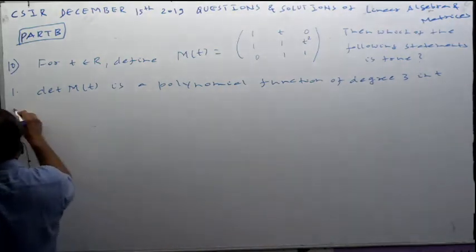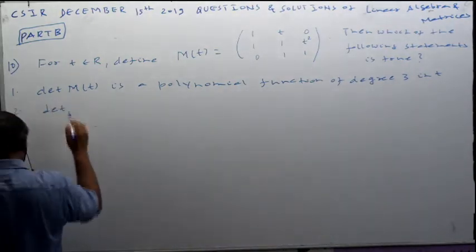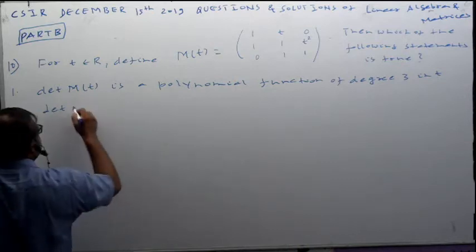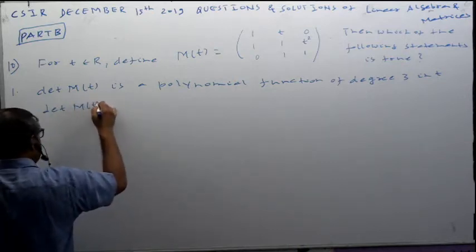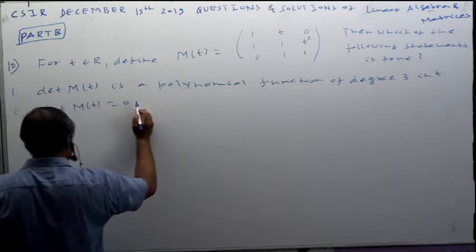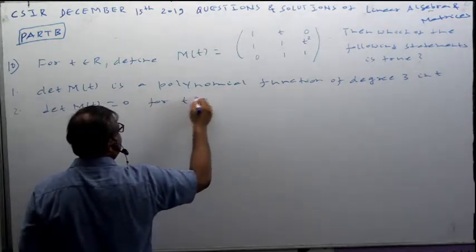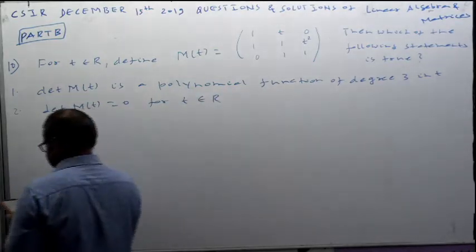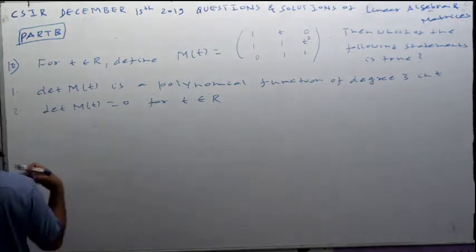Second, determinant of M_t equals to 0 for all t belonging to R. So simple question. Only thing is discussion about the determinant of this M_t.